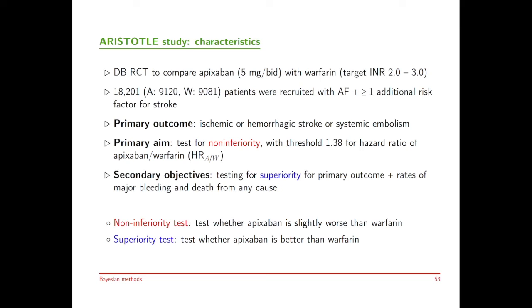So, to refresh your mind, the non-inferiority test is a test where apixaban is shown to be, or possibly shown to be, slightly worse than warfarin, while the superiority test is the test to see whether apixaban is better than warfarin.